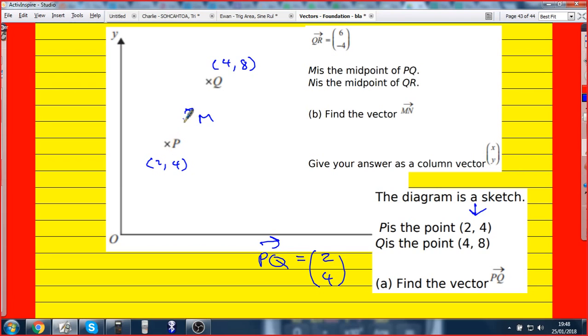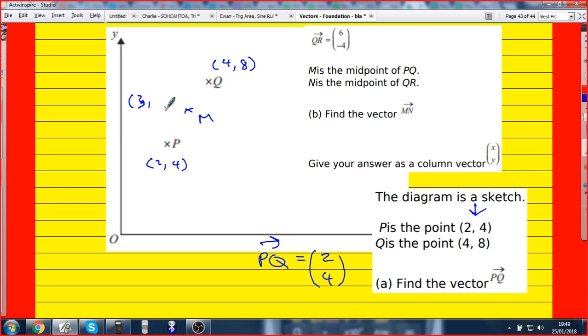So what is the midpoint? What's halfway between 2 and 4? It's 3. Okay, so you start down at 4, you go up to 8. Midpoint is 6.